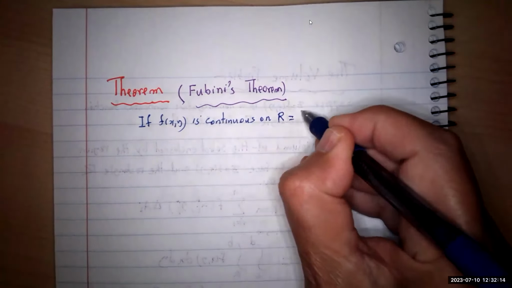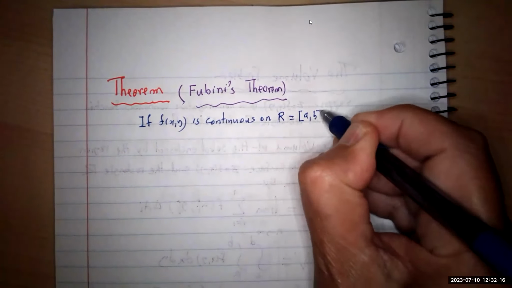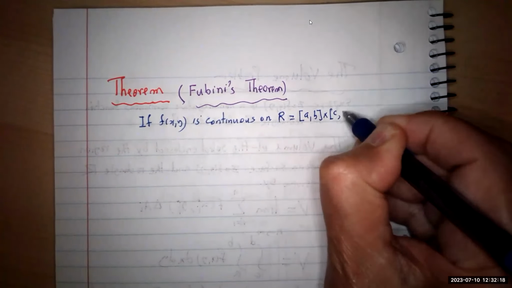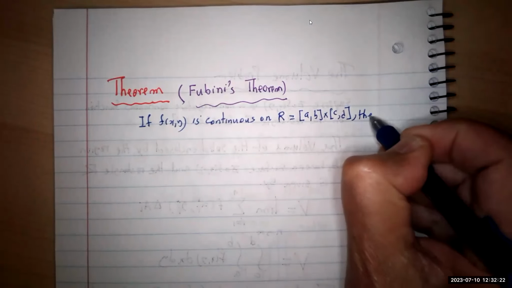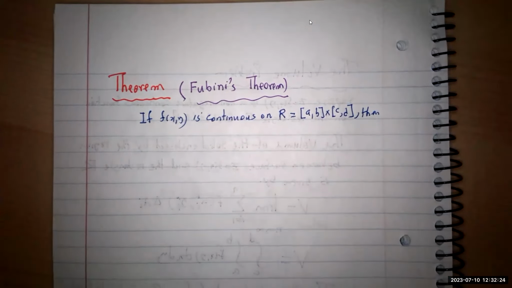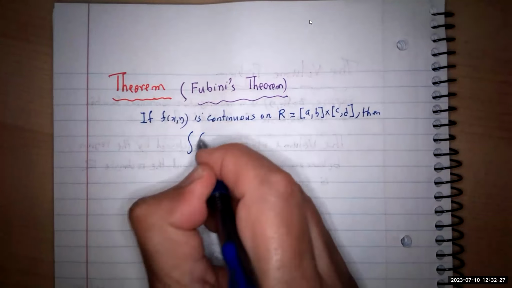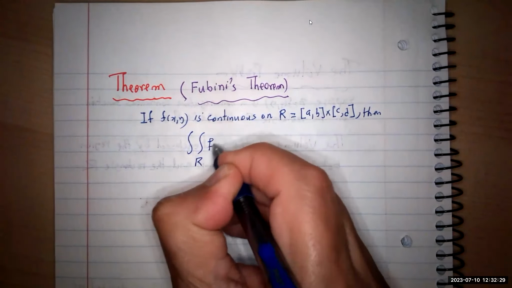Again, it's a tough course. So if f is continuous on the rectangle [a, b] cross [c, d], if this is the case, that's it. The double integral is the same as the iterated one. So remember, this notation is the double integral.